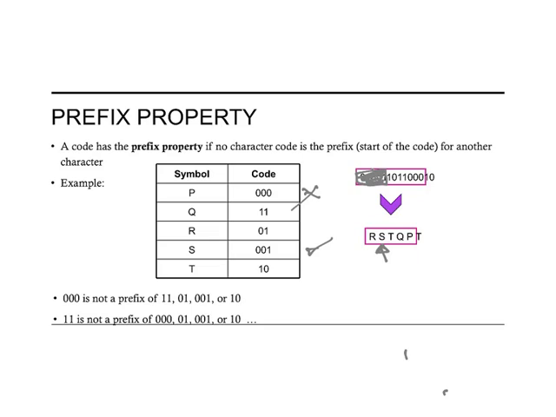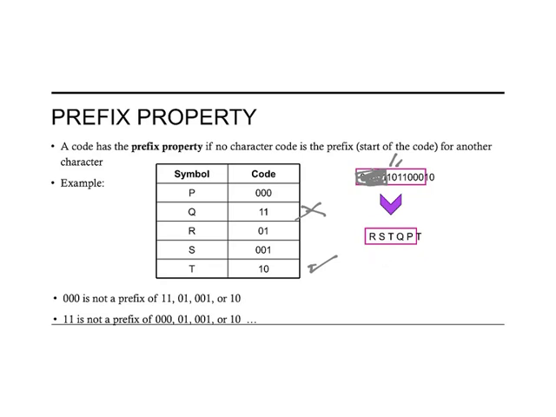Again, we start with 1, and this one may imply this one or this one. Then I move to the next one, which is a 0. So I discard this one, and I know that it is going to be the T, which is here.